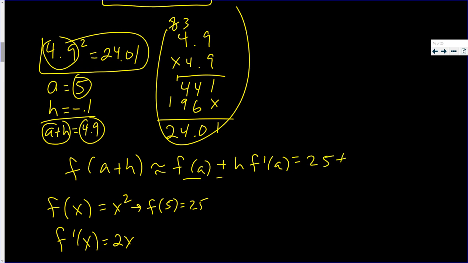25 plus h is negative 0.1 times f prime of a. Well, f prime of 5 is 2 times 5, which is 10.